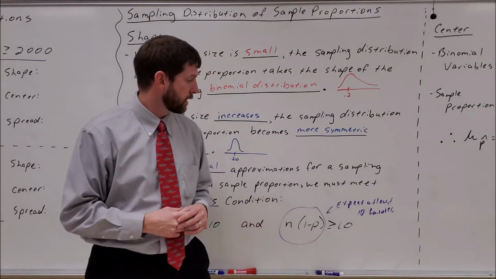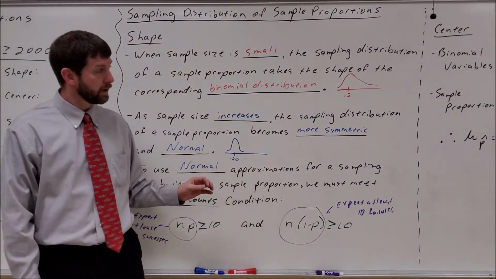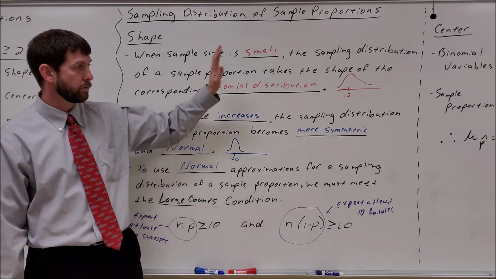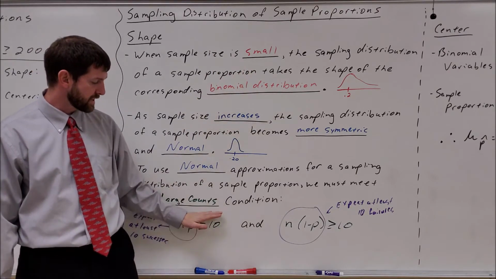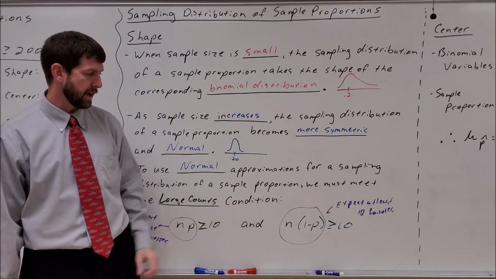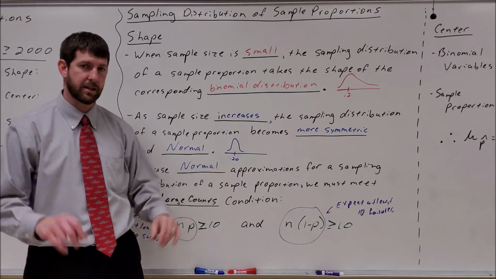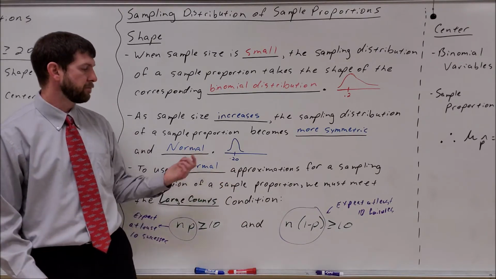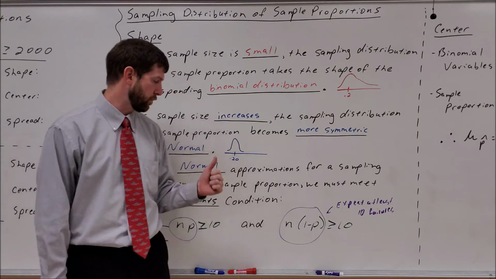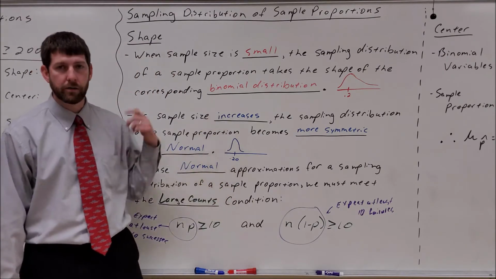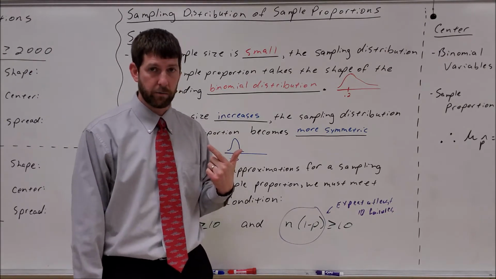So when you're dealing with proportions, the large counts condition says you have to expect at least 10 successes and 10 failures before you can treat it as normal. Otherwise, if it's anything less than that, you have to do all your calculations with binomial distributions.